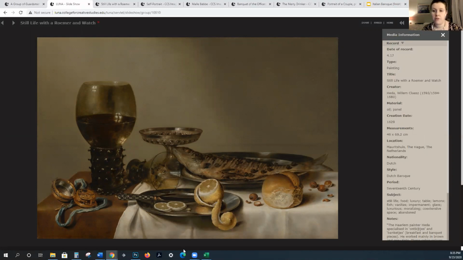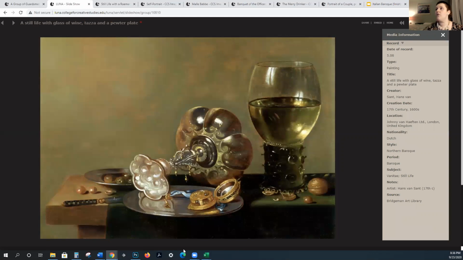So I mentioned memento mori in the Italian, one of the previous lectures, right? Remember death. And so we're going to be seeing a lot of memento mori. Sometimes that will include a skull, but it's not always as obvious or even crude as all that. Okay, so you're going to see tipped over cups.